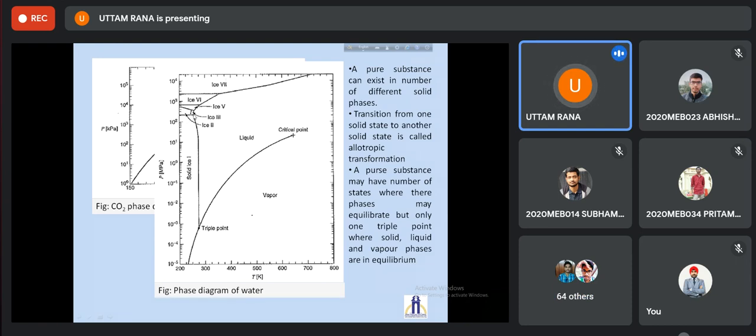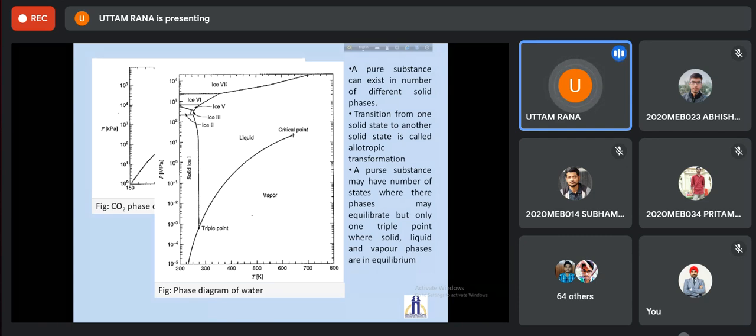And if you look, there are also points where three phases coexist. So these are also triple points. But conventionally, when we talk about the triple point, we mean the point where liquid, solid, and vapor are in equilibrium. It doesn't mean this is the only triple point where three phases may equilibrate.